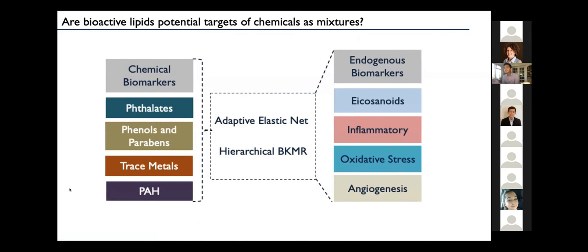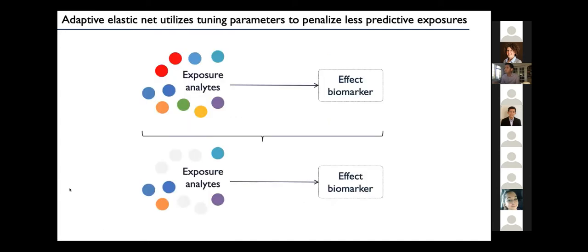Okay, so now that I've showed you some of these single pollutant associations, another exciting part of this extensive analysis that we applied is this ensemble of state-of-the-art mixtures analysis methods. And I'll highlight two that we applied in this particular study, which includes adaptive elastic net and a hierarchical Bayesian kernel machine regression.